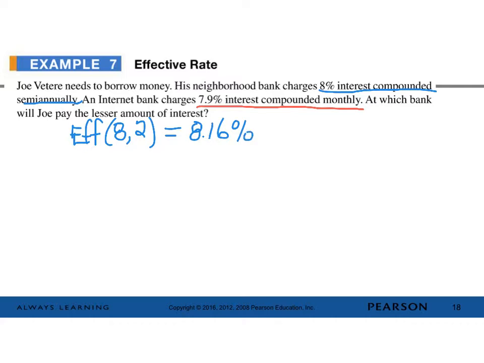Whereas with the internet bank, the effective rate is going to be 7.9%, and that's compounded monthly, so that's 12 times, and that's going to be equal to 8.19%.